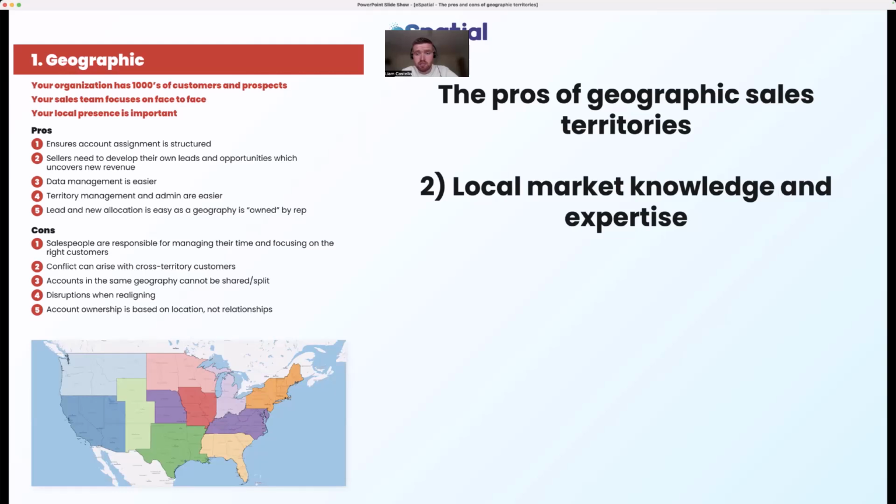Yeah, it's local knowledge and expertise. So for example, let's say I'm a rep in a geographic region. I could be working there for the last, let's say, 5 years, and over the course of those 5 years I would understand my geography in a lot of detail. I know maybe where the best places are to prospect.